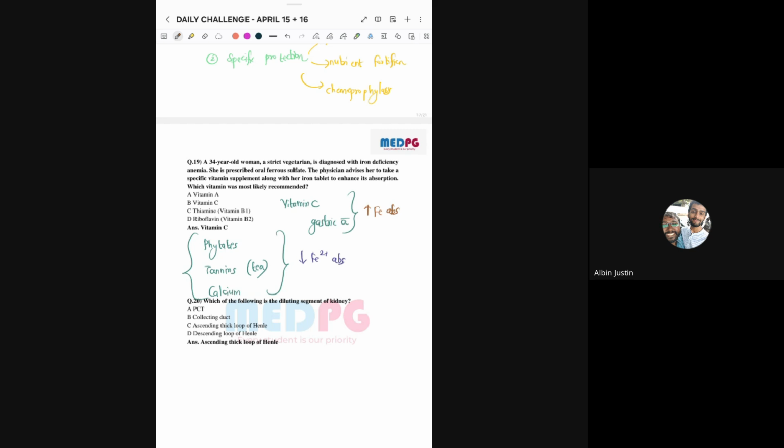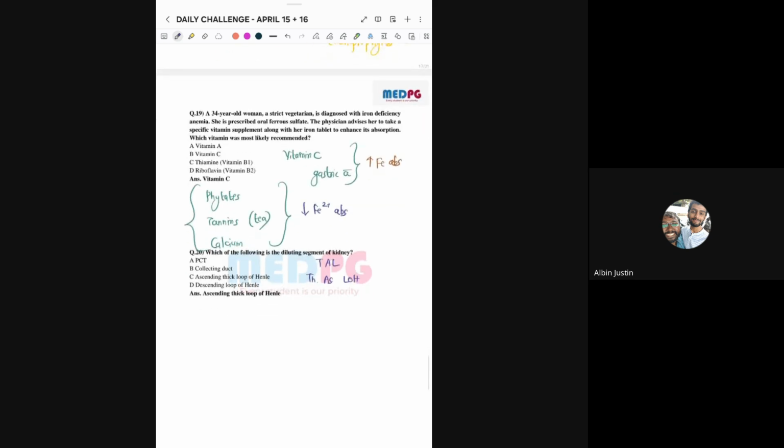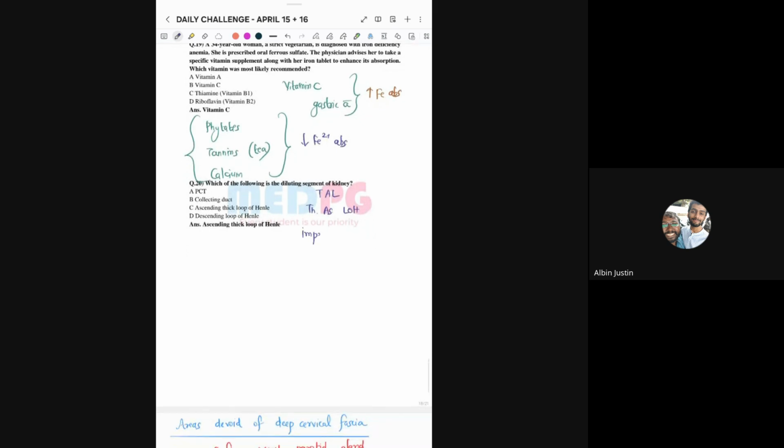Last question, which is the diluting segment of the kidney. The diluting segment of the kidney is the thick ascending limb, TAL, thick ascending limb of the loop of Henle, as it is impermeable to water and it actively reabsorbs sodium, potassium, and chloride. So as a result, what happens?